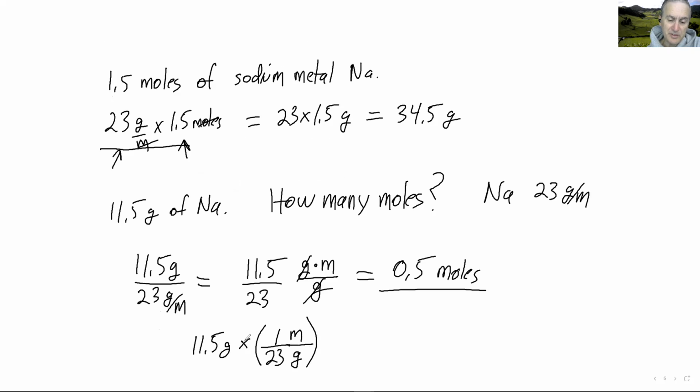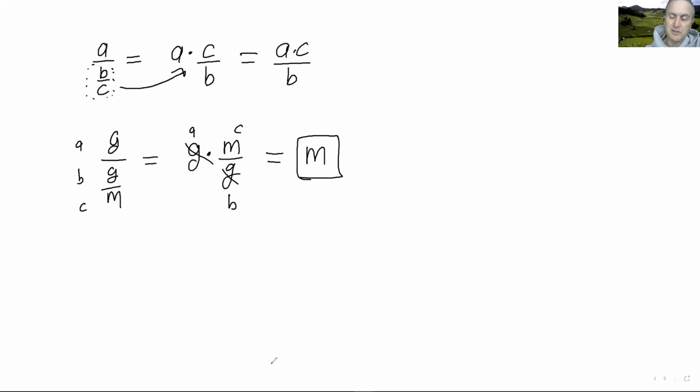So what they did was they wrote this as a multiplication by 1 over the inverse, because they're using the thing that says that A over B is equal to A times 1 over B. Right?